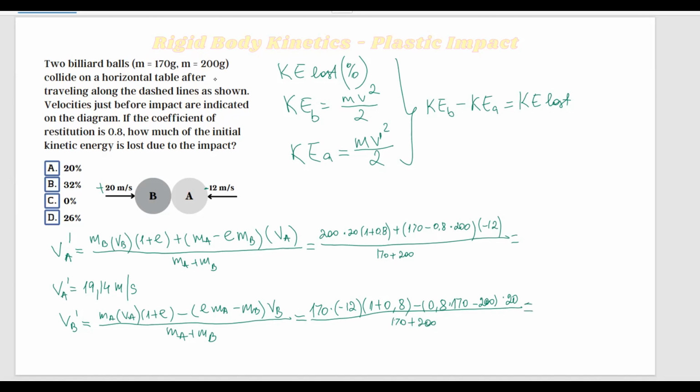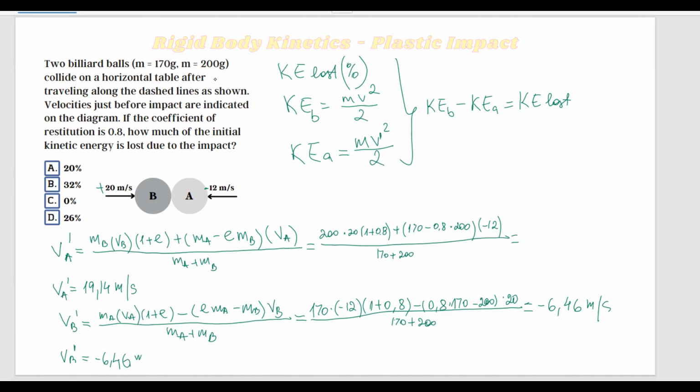And if you calculate this, you should get a value of minus 6.46 meters per second. So I'll write down here VB prime equals minus 6.46 meters per second.